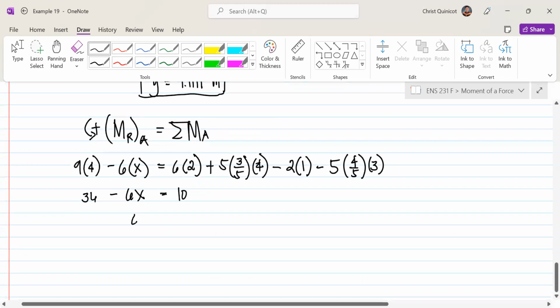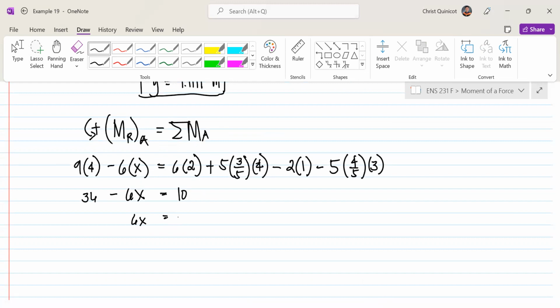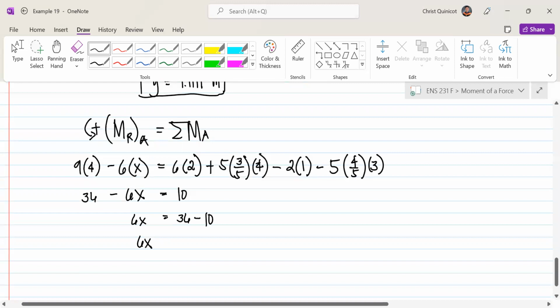So 6x is equal to, we transfer 6x here, 36 minus 10. So 6x is equal to 26.